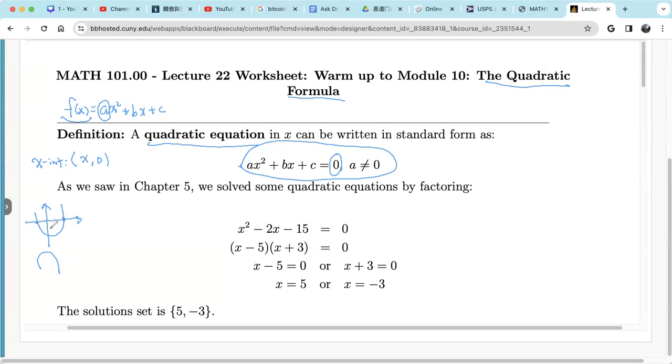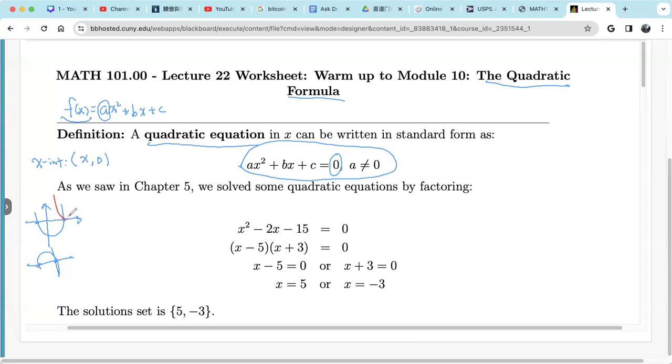We're trying to find those two points. Same thing for this, right? So if it's possible. Sometimes the graph of the function may not cross the x-axis. If it does, we may have at most 2 x-intercepts, or we may have one.